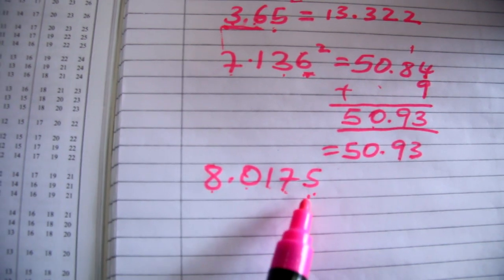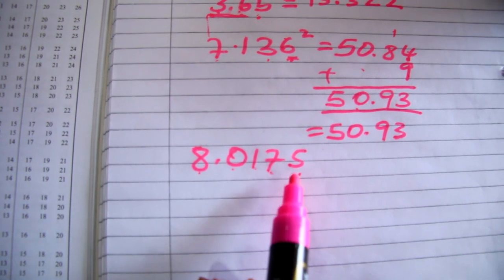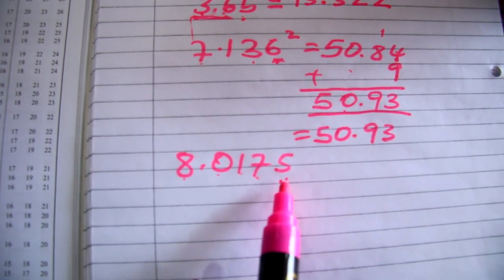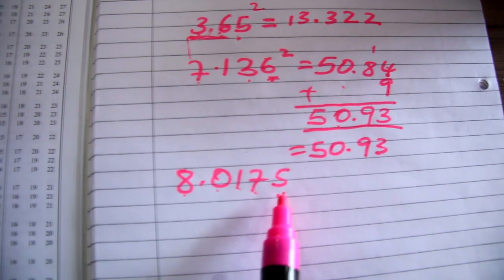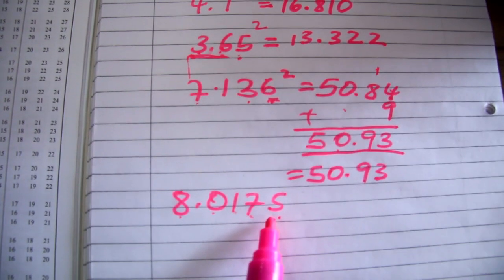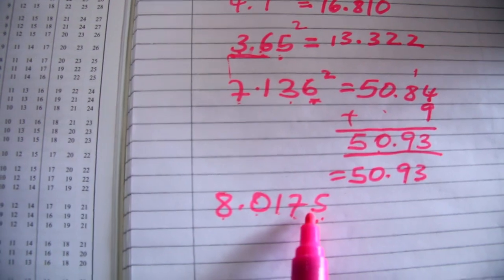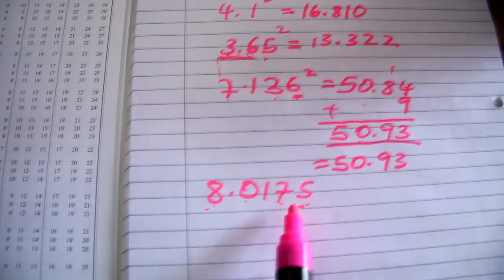Now, if you read the title of your mathematical table, you will notice that it is called a 4-figure mathematical table, meaning that you can only read values or squares of numbers that are up to 4 significant figures. So even before we proceed to use the square tables, we have to write this number correct to 4 significant figures.